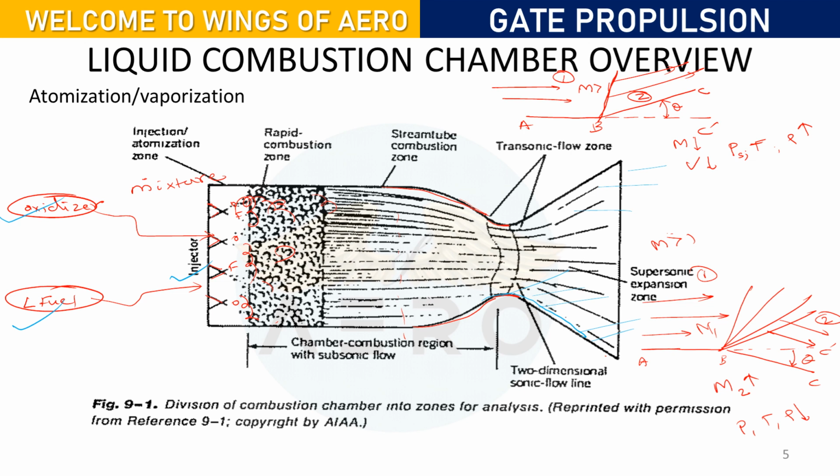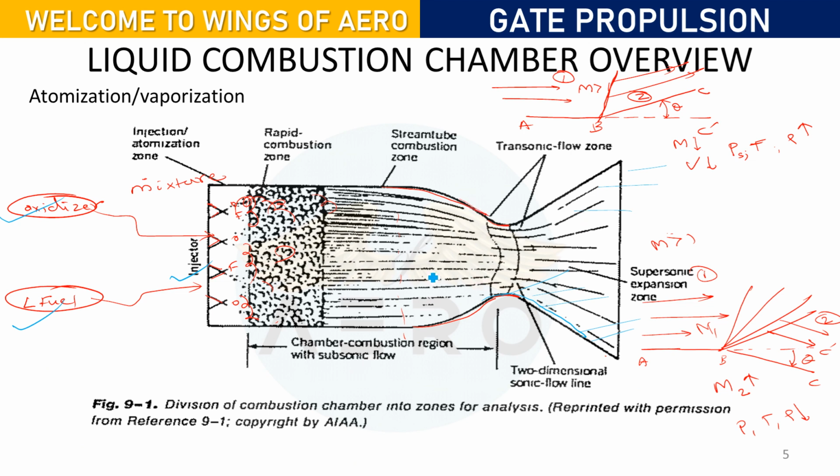Those fuels are highly volatile, right? So when they come in contact with one another, or there is spraying or atomization, they combust by themselves. There are different types of injectors, and these decide what the length of the combustion chamber should be, right?